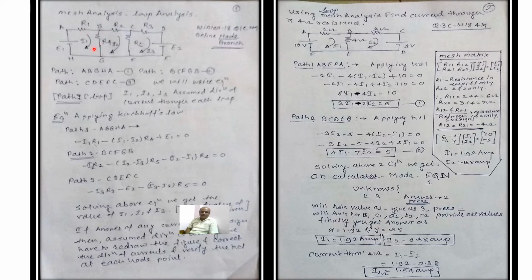If after the solution you get the answer of any current as negative, or all the currents negative, it clearly indicates that the assumed direction is wrong. We have to change the direction, redraw the diagram, and we can verify the answer by applying KCL.